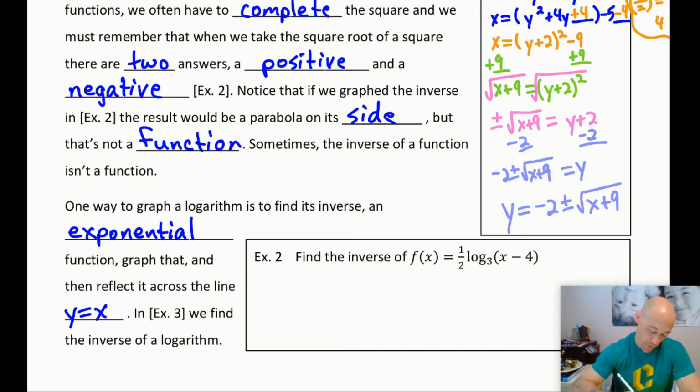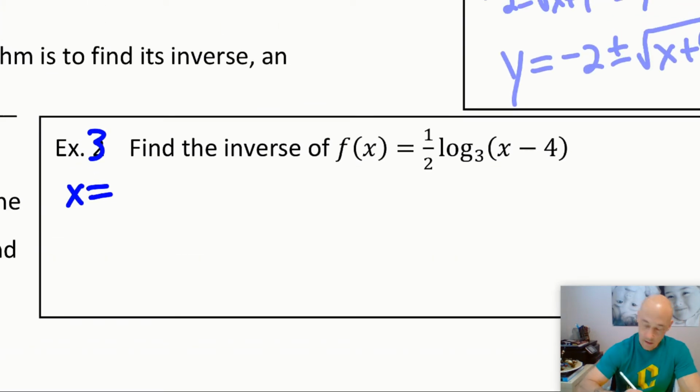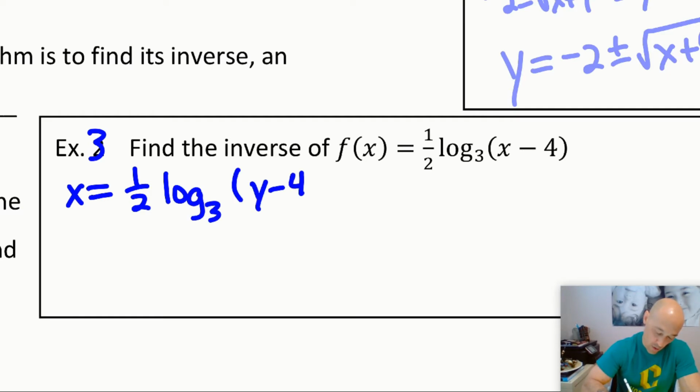So in example 3 here, I'm going to change that. In example 3, we're going to find the inverse of that function f of x. So we switch our x and our y values, so we have x is equal to 1/2 times log base 3 of y minus 4.